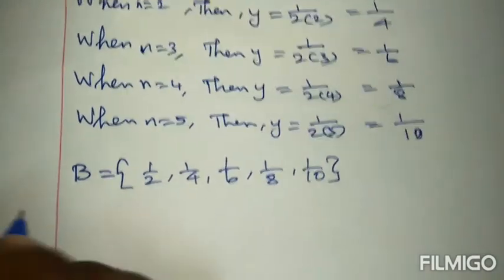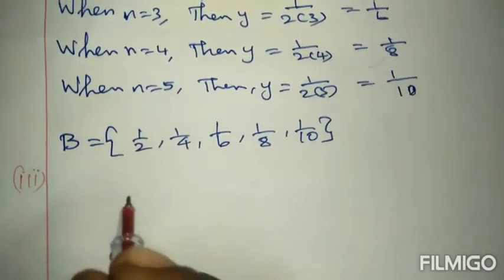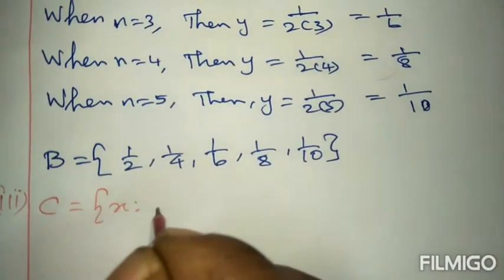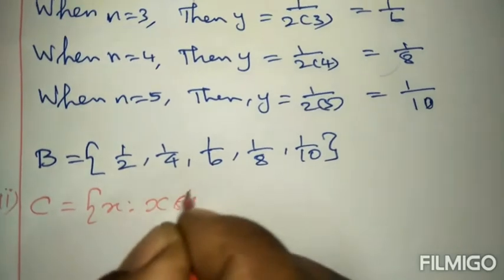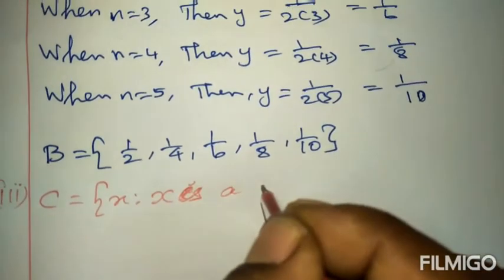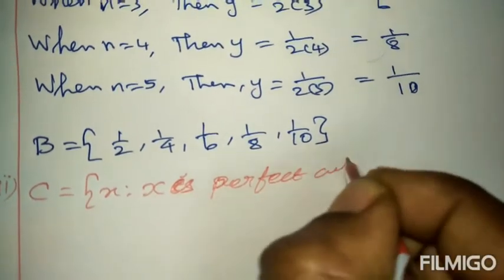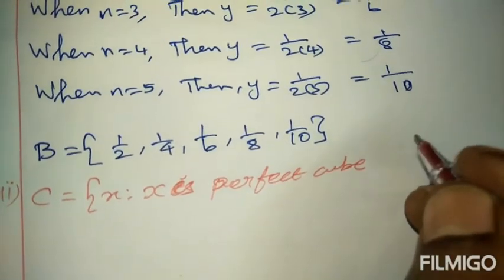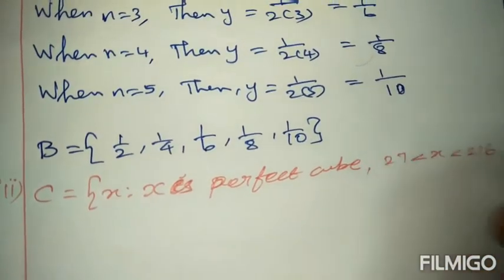Next, third subdivision. The third subdivision is C is equal to {x such that x is a perfect cube where 27 less than x less than 216}.